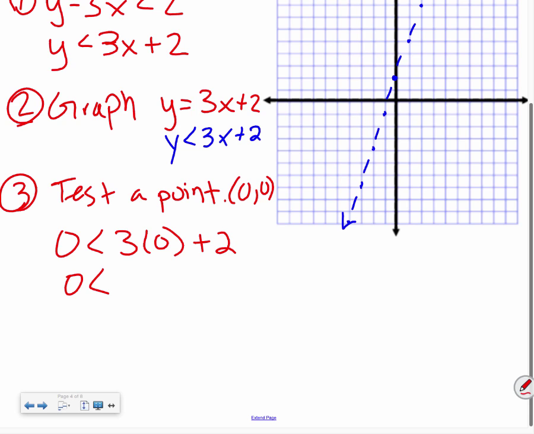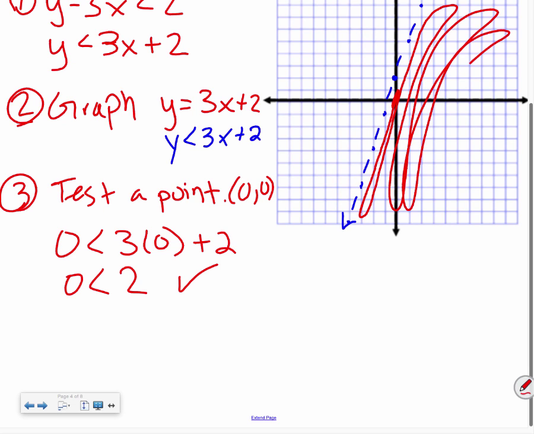So we have 0 is less than 0 plus 2, or that can just be written as 2. Is 0 less than 2? Yes, so I find 0, 0, that's a true statement. That means I'm going to shade everything on the same side as 0, 0.